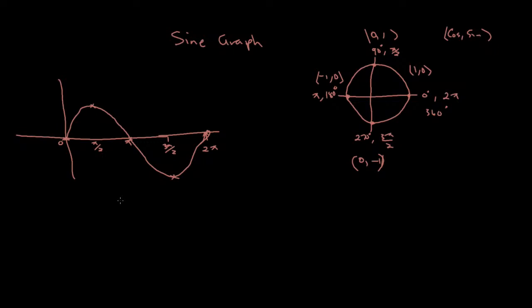Now, what if we had to do a cosine graph? If you understand this concept that the sine, cosine, and tangent graphs are actually derived by just going through the 4 quadrants in the unit circle, this makes it a lot easier to understand.